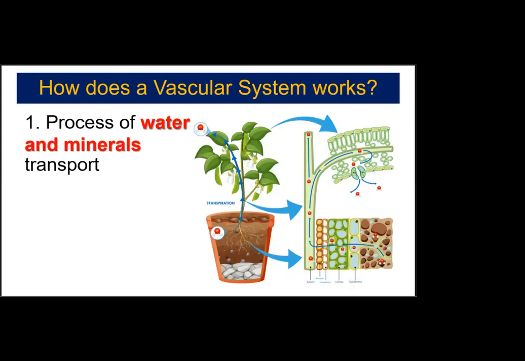Plants with roots, stems, and leaves are called vascular plants, and they have what we call vascular tissues. We learned the two types of tissues: one is called the xylem, and the other is called the phloem.